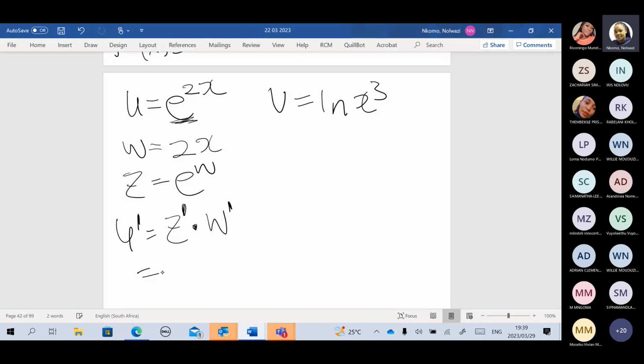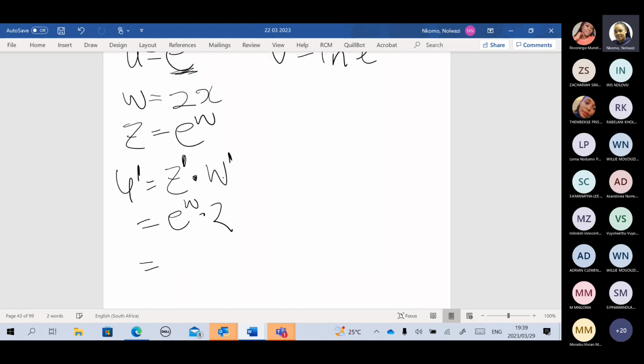The derivative of e to the power w is e to the power w. The derivative of w, which is 2x, is 2, and w is 2x. So u prime is 2e to the power 2x.